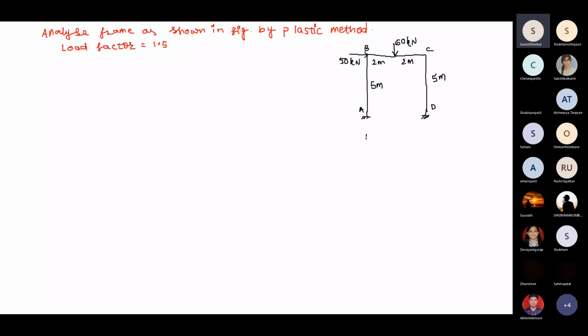And now our problem becomes: we have now this as 75 kilonewton, so this is 50 into 1.5, and this is 90 kilonewton, 60 into 1.5.